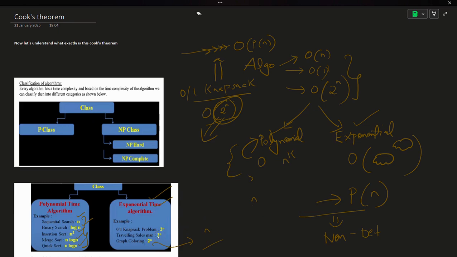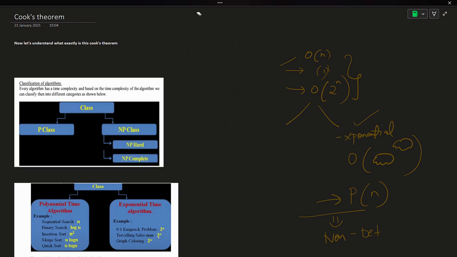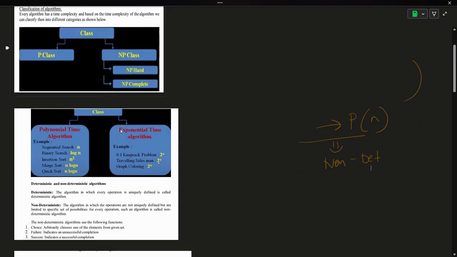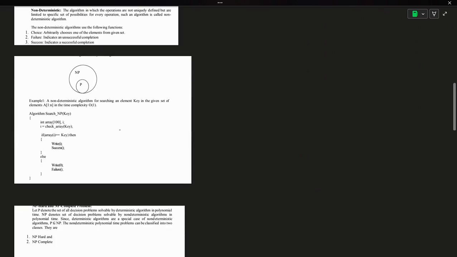For example, I'll be explaining with an example. As you can see, there is a search algorithm.